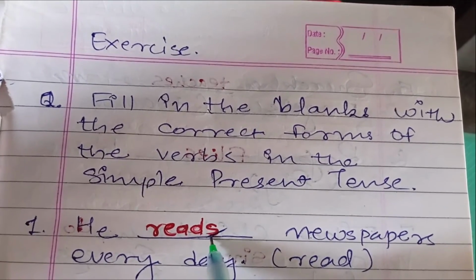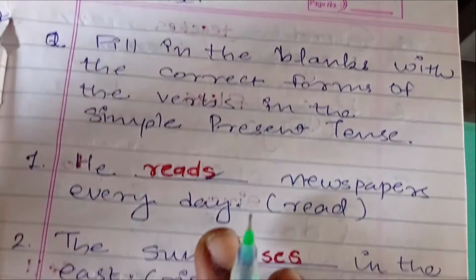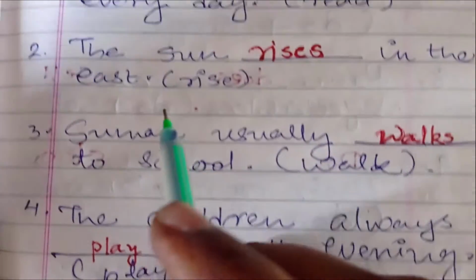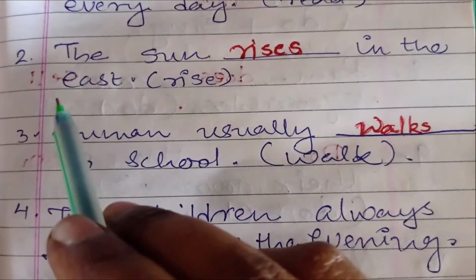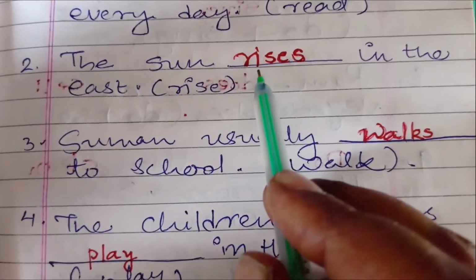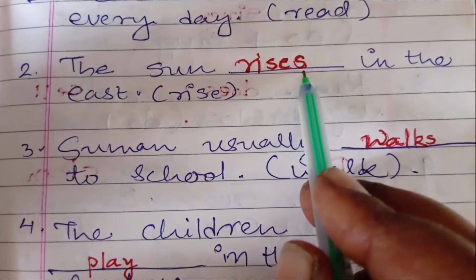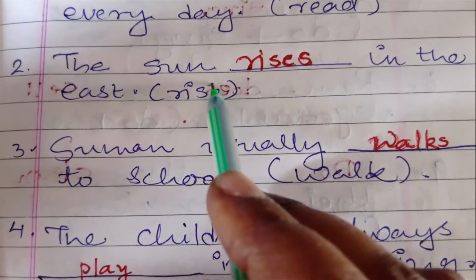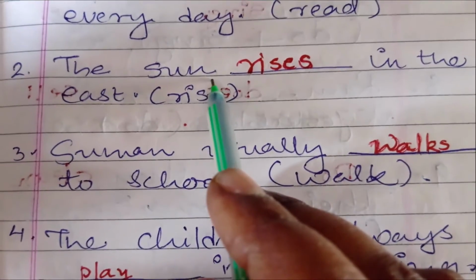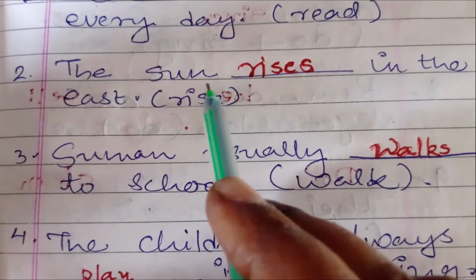Understood, students? Now the next example: the sun dash in the east. Its answer is rises. You know the reason, because the sun is third person singular.